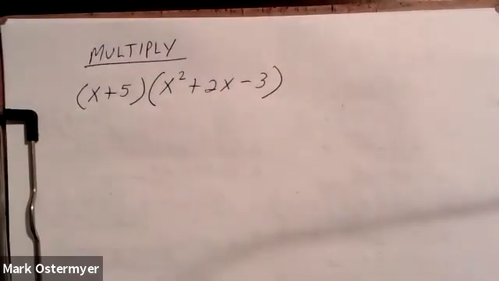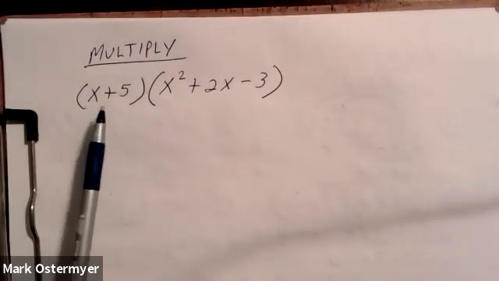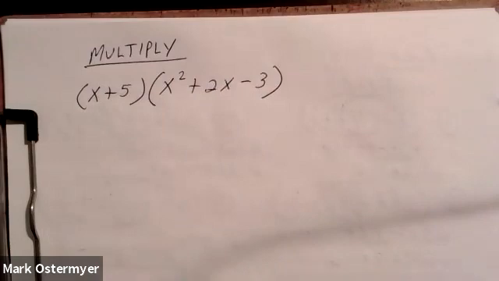So now we're going to go top gun here, ladies and gentlemen. We're going to try to multiply a binomial by a trinomial. We're really going to up the ante here. Now, how are we going to multiply a binomial by a trinomial? Unfortunately, there's no nifty word like FOIL we can attach to this process.